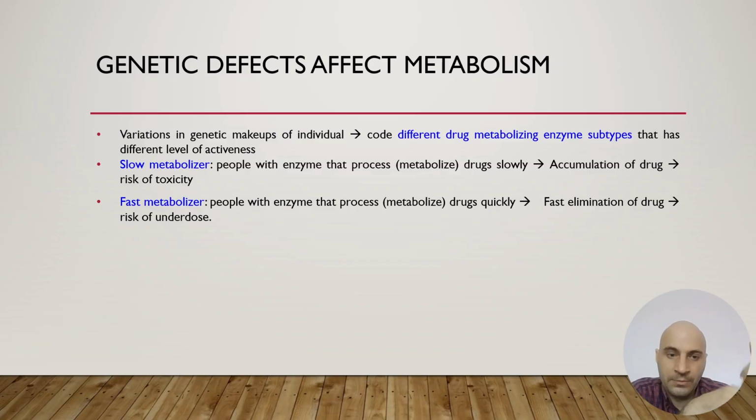On the other side of the spectrum, we have fast metabolizers, people with enzymes that process the drug quickly, which leads to fast elimination of the drug, and then we cannot achieve a therapeutic level of the drug.